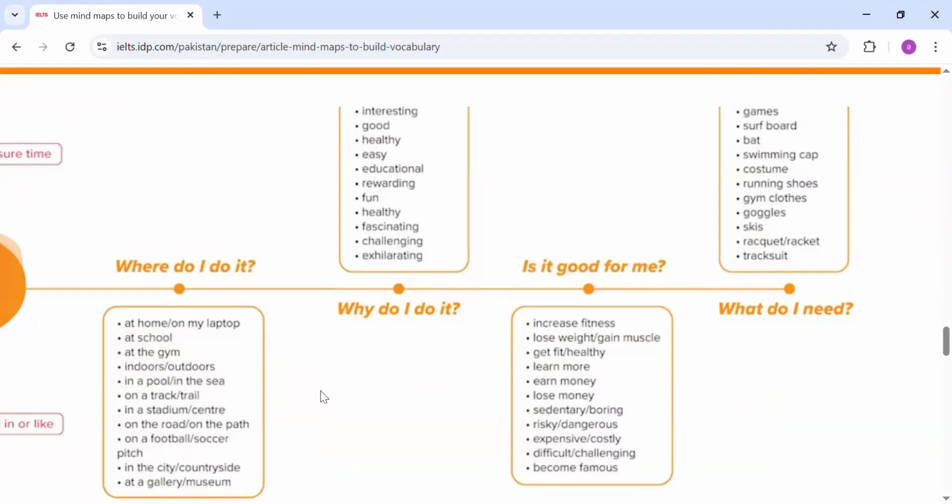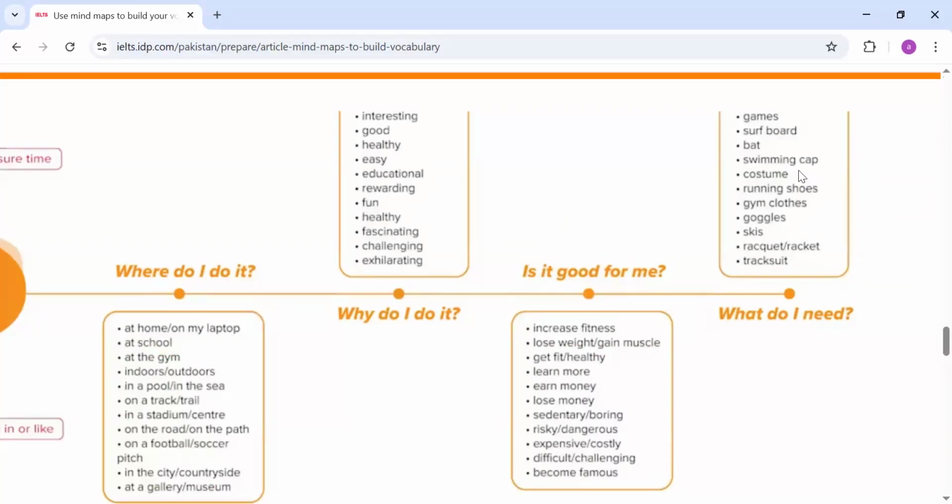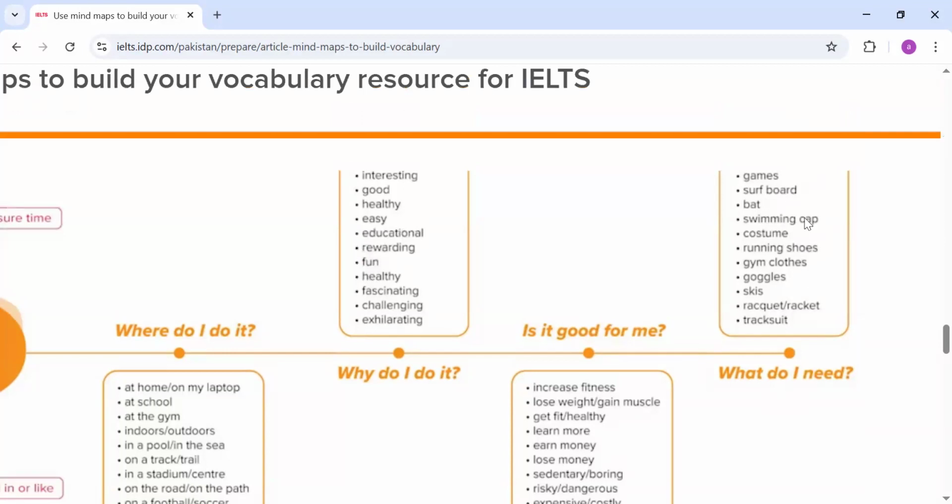Yeah, it can increase fitness, it can help lose weight. So then what do I need? We need different things. If we talk about swimming, we need a swimming cap. If we talk about running as a hobby, we need running shoes. If we talk about the gym, then we need gym clothes. Goggles are used in the context of swimming. So these are the different equipment we need.